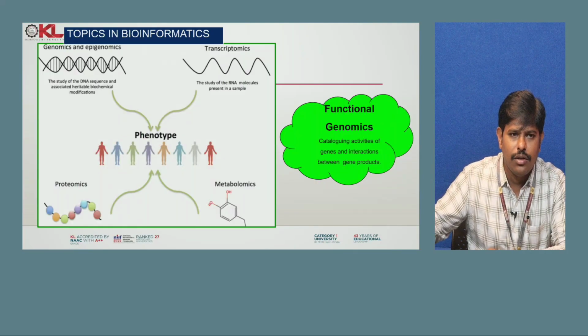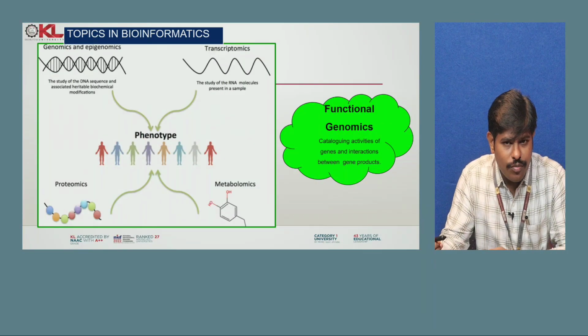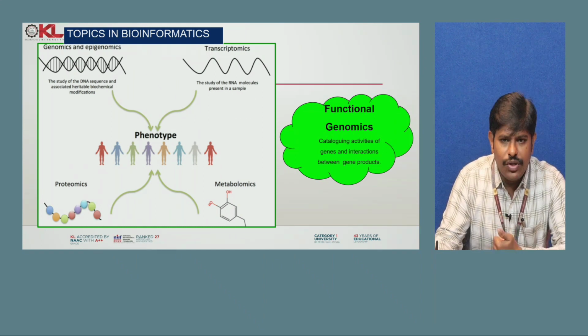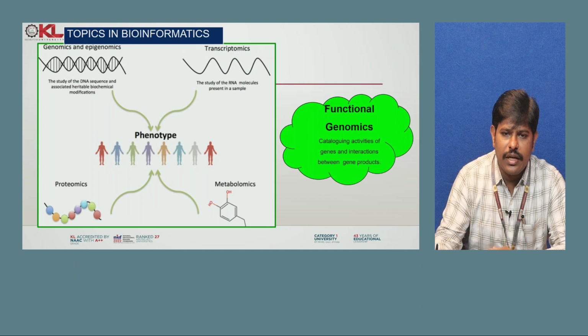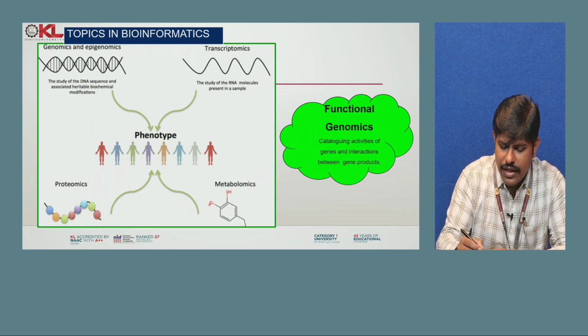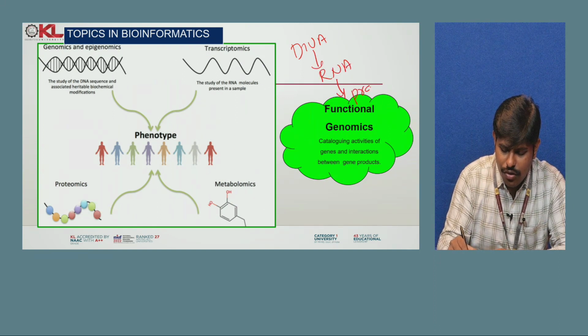So basically structural genomics involves understanding the DNA in a cell at the 3-dimensional as well as the sequence level. And there is another most important topic in bioinformatics, called functional genomics. Basically, it is cataloging the activities of genes and gene interactions, and also interactions among various products here. The central dogma of biology says that DNA codes RNA, RNA codes protein.